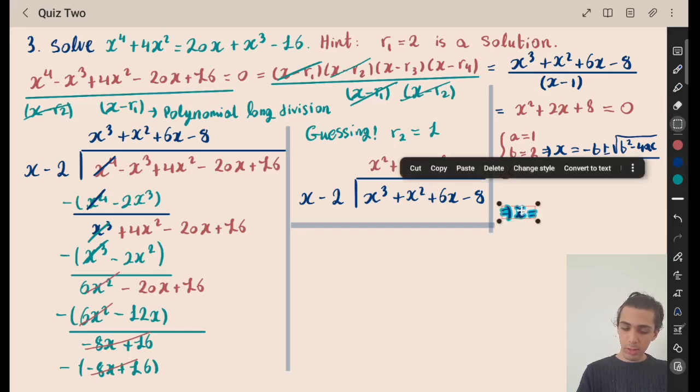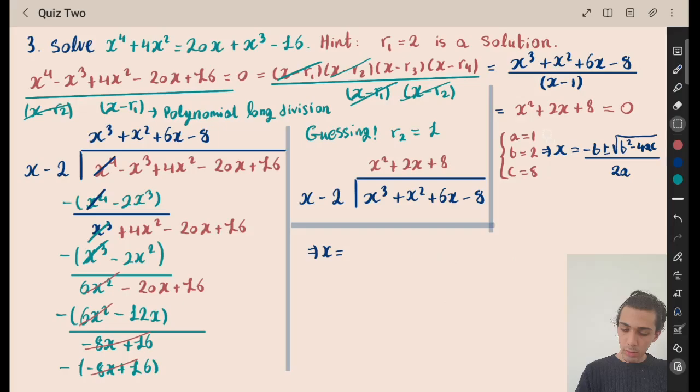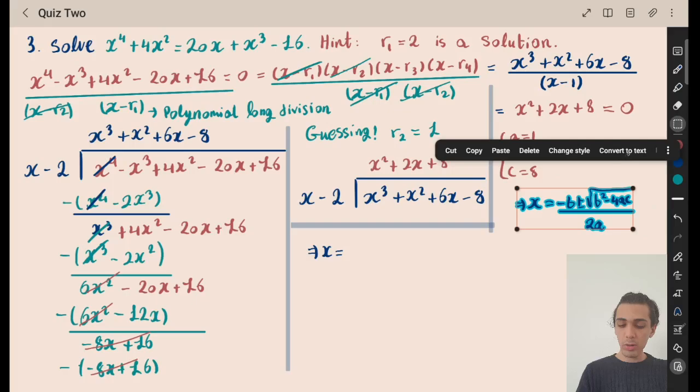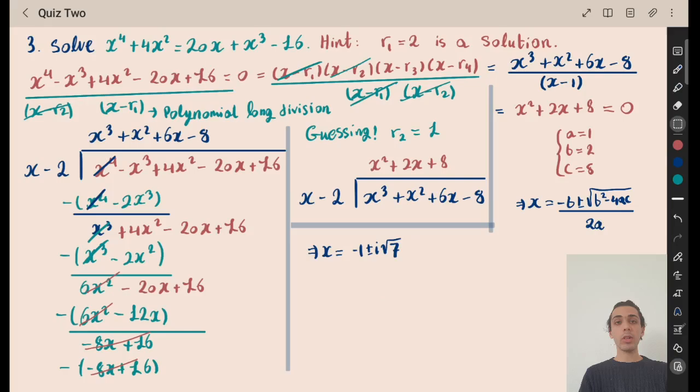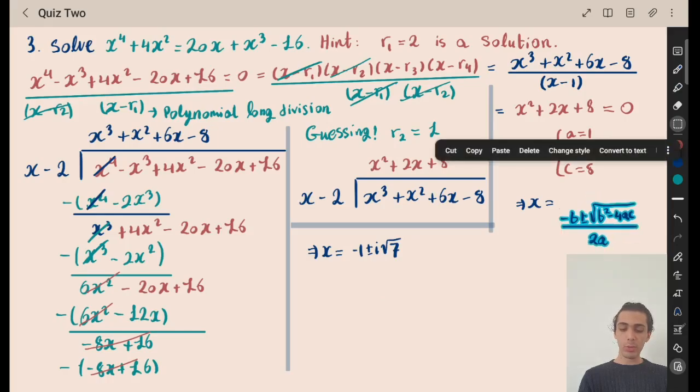Yeah, so let me utilize the space here. Since we're already done, why not do this? You'll get that x will be equal to minus 1 plus or minus i square root of 7. This is just simple arithmetic. If you do it, you will get this result. And this is how you proceed.